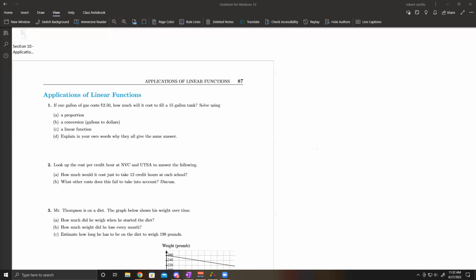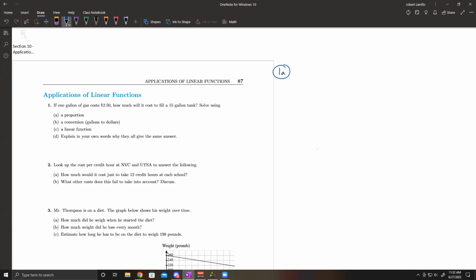Okay. So number 1, if 1 gallon of gas costs $2.50, how much will it cost to fill a 15-gallon tank? Solve using a proportion, a conversion, a linear function, and explain why they all give the same answer. Okay, so for number 1, we'll call this 1A. We're going to make our proportion.